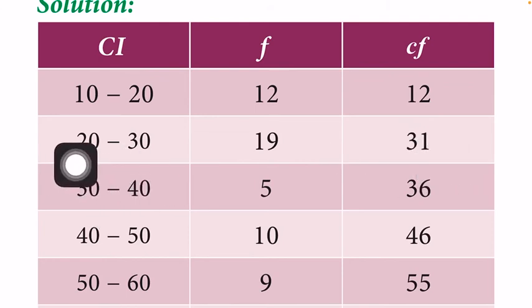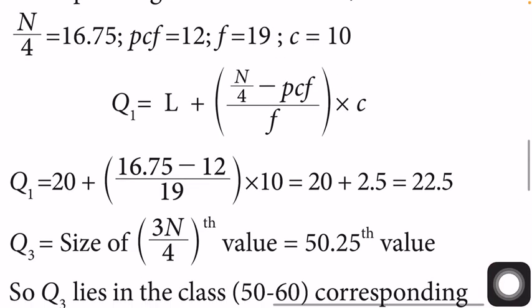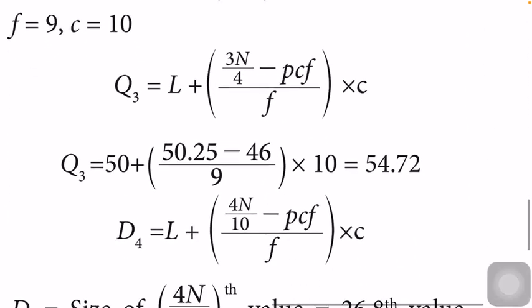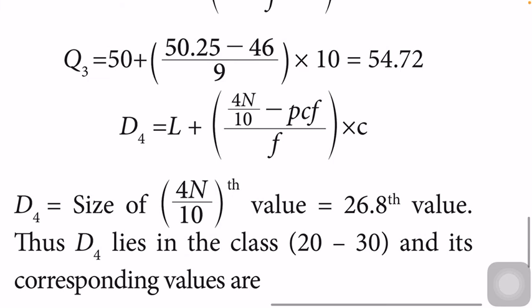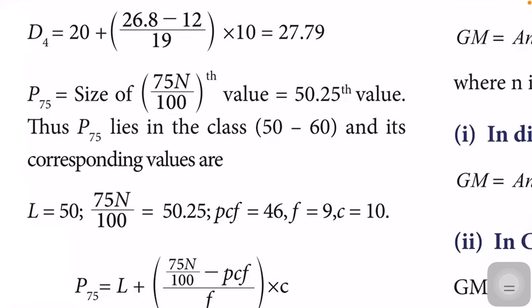So L is 20, F is 19, PCF is 12. We substitute and calculate the decile D4. D4 is equal to 20 plus 26.8 minus 12 divided by 19 into 10, and that is 27.79.